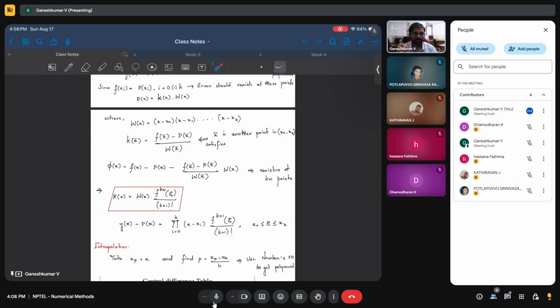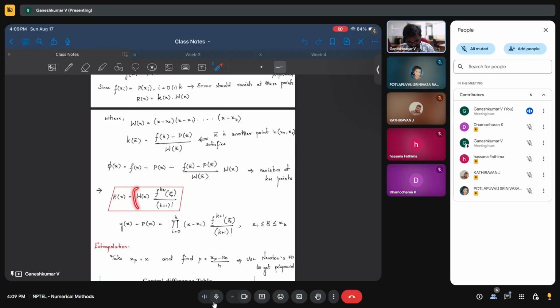Whenever the interpolating value x is equal to x naught, then the polynomial will give you the right answer. Then you do not have error, your error is 0. In order to take that into account, you have this w of x. This function makes your error 0 at those nodal points.